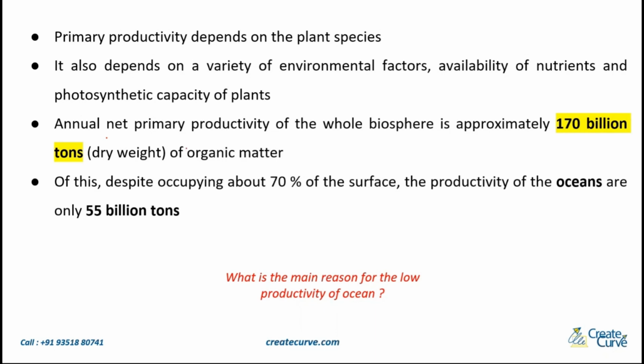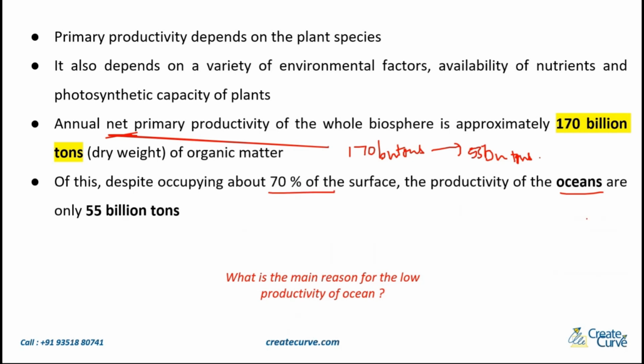So the entire earth is going to produce about 170 billion tons of organic matter. From this, only 55 billion tons is produced by oceans. But oceans actually occupy 75% of the biosphere.